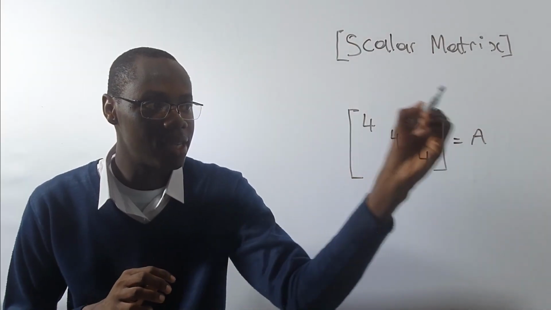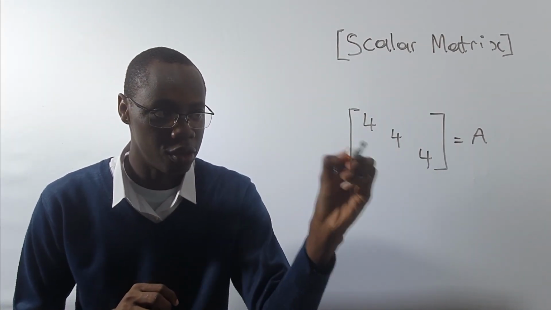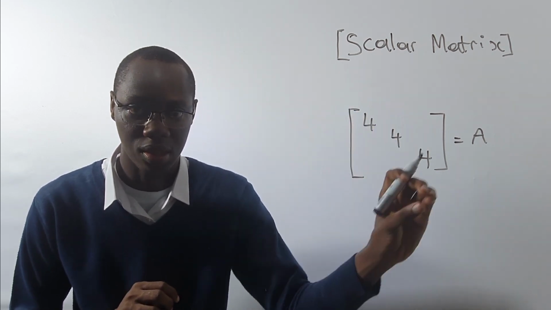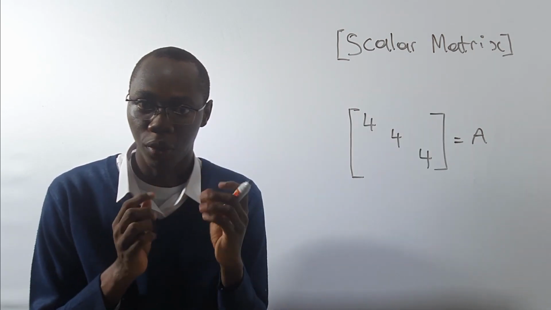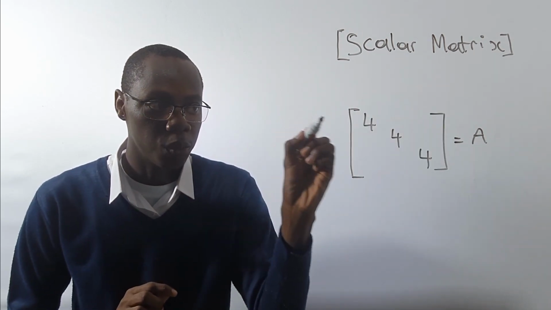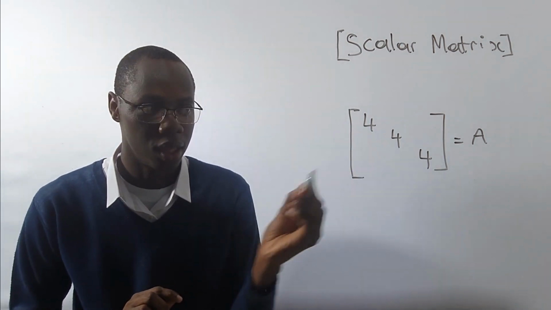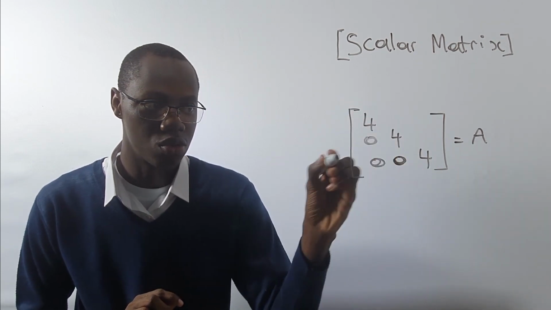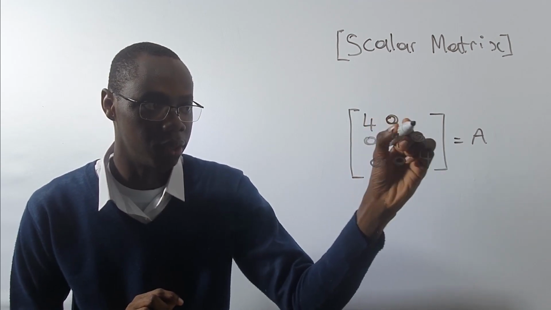So in the scalar matrix, remember what I said in the diagonal matrix? Remember I said something very important, that in the diagonal matrix, we don't have anything repeating itself, and therefore it's a diagonal matrix. Now the scalar matrix is a type of diagonal matrix with the principal or main diagonal having equal elements, like 4, 4, 4, or whatever. So of course we'll have 0 elements in the non-main diagonal region.